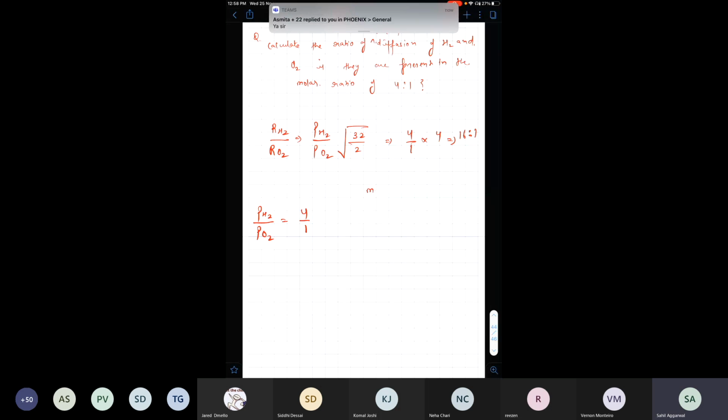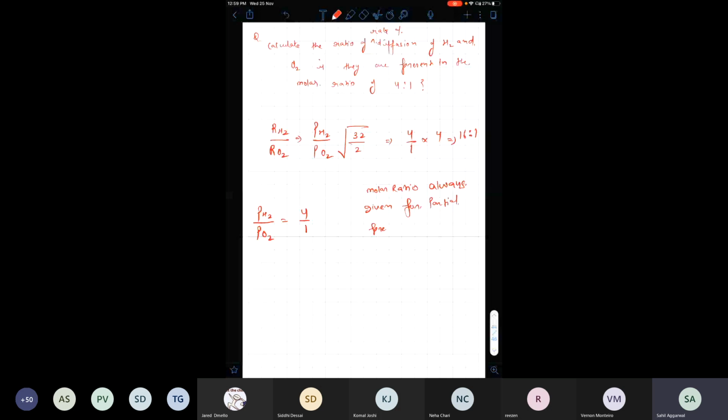मोलर रेशियो always given for partial pressure ratio. Understood?